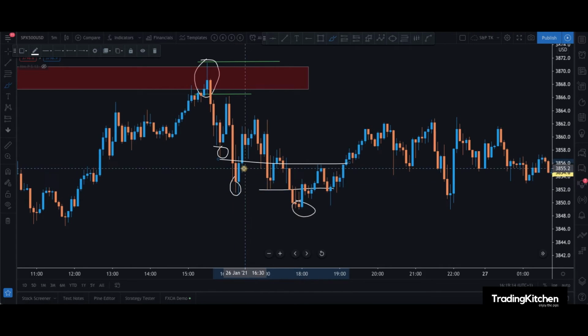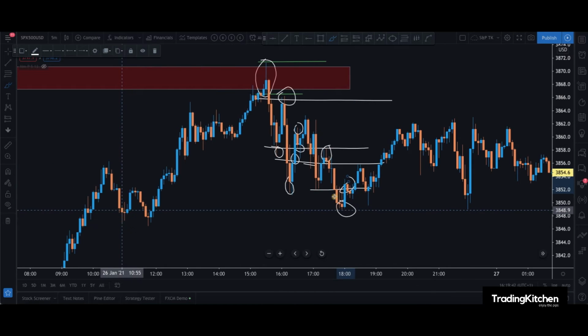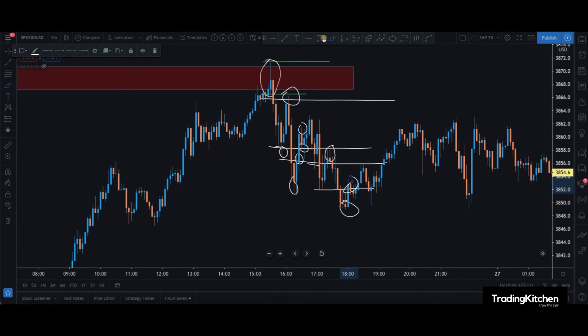Always wait for the retest. If you cannot wait from here, but it broke down here, wait. This is the last breakout, and you can enter here, here as well.